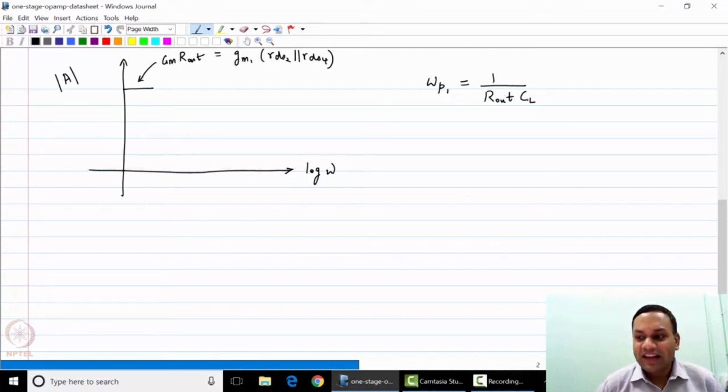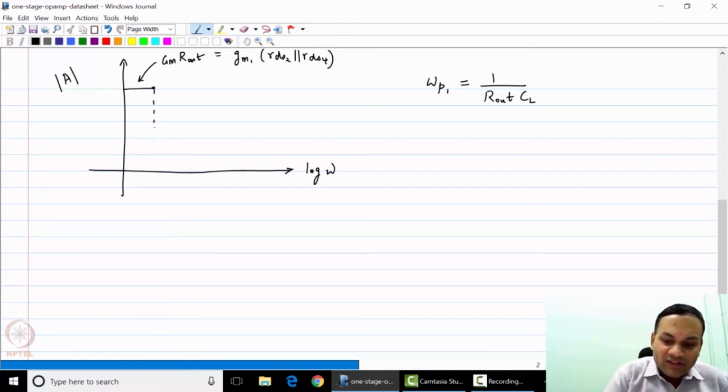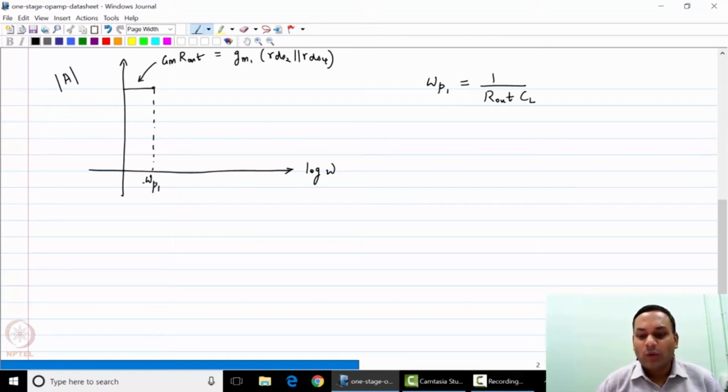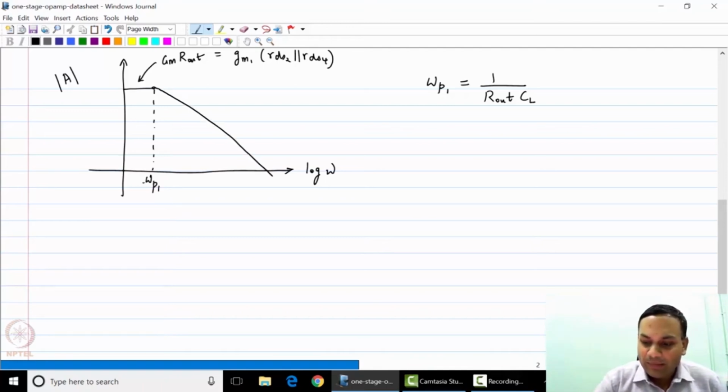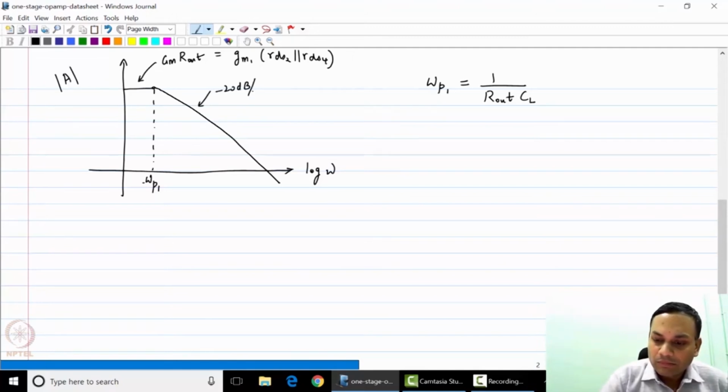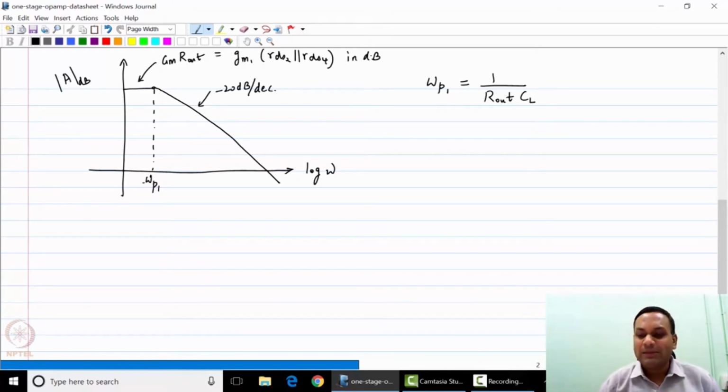Since R out is very large, this would be the dominant pole of the system and would be quite small. Once you hit this pole frequency, the gain starts to fall at the rate of minus 20 dB per decade. Please note that everything is being plotted in dB.